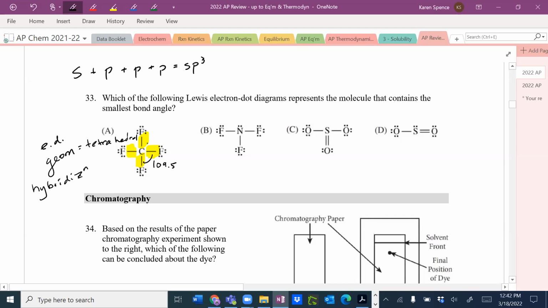Nitrogen, how many electron domains do we have? How many electron domains around the nitrogen? Four. Yes, we've got a lone pair and we've got 3 bonding pairs. Now, one thing to remember about lone pairs is that they are more repulsive than bonding pairs.